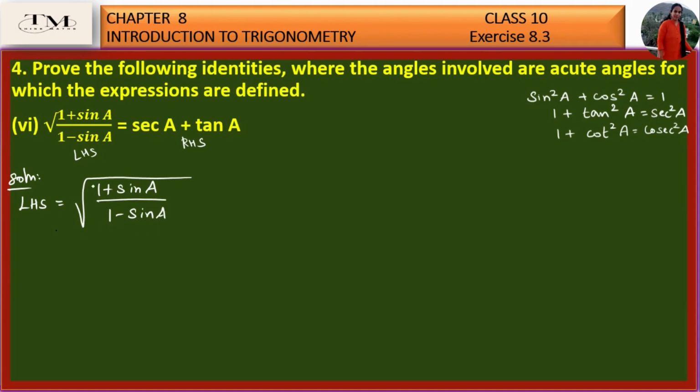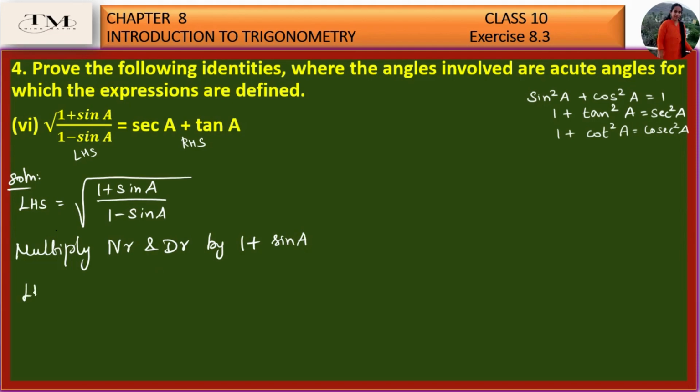In the square root, we have a term in the denominator, so we can multiply by the conjugate. Conjugate means if you have minus, you put plus, so 1 plus sin A is the conjugate of this term. We are going to multiply numerator and denominator by 1 plus sin A. This is called the conjugate.